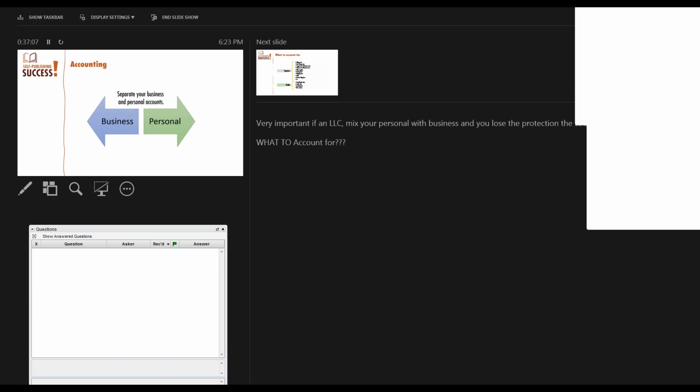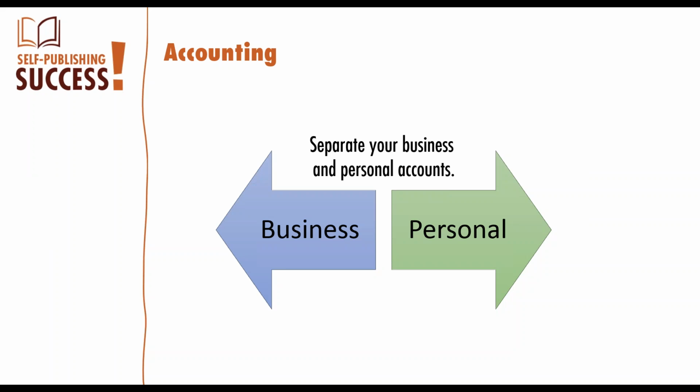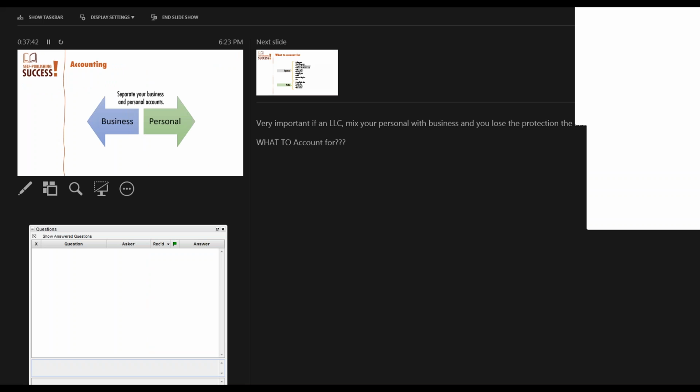If you need a credit card, which you probably will if you're going to be ordering large quantities of books, things like that, you can use one that's just under your personal name, but you need to start it out with a balance of 0 and then only use that credit card for business use from that point forward. Never use it for anything personal. So you don't necessarily have to get a credit card under the business name as long as it's either a sole proprietorship or an LLC, but it has to start with 0 and keep it separate from that point on.